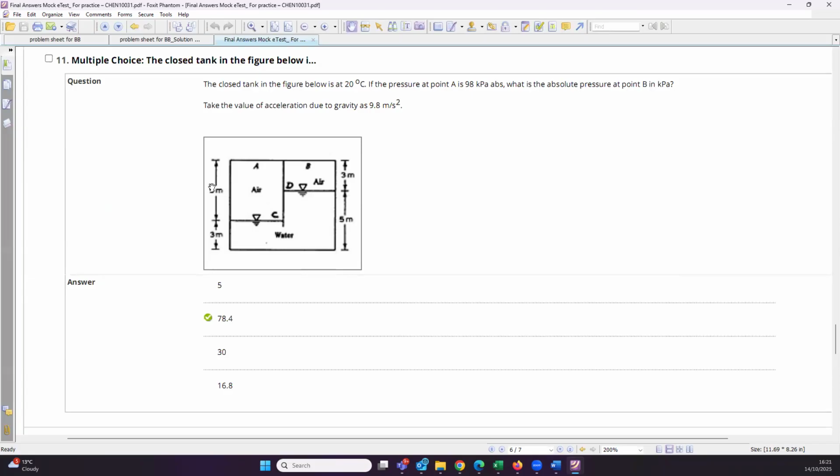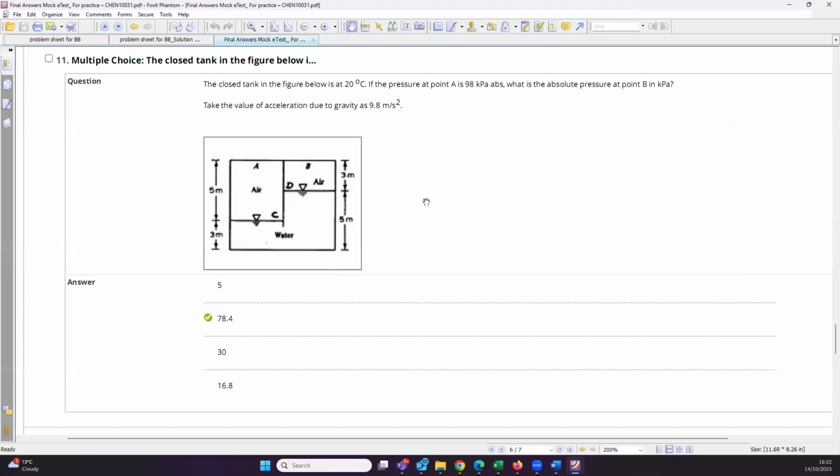Okay, and again, just like other questions, you are given the heights of these fluids. So air at point A is 5 meter, and the water is 3 meter here, while on the other side, water has a surface at 5 meter, and then 3 meter on this side.